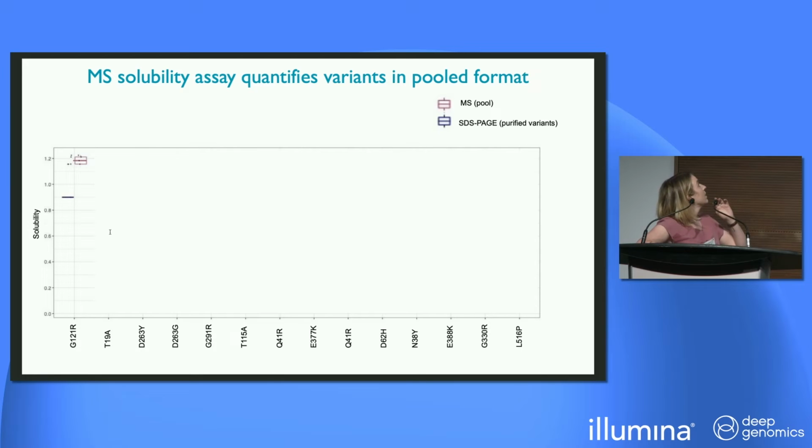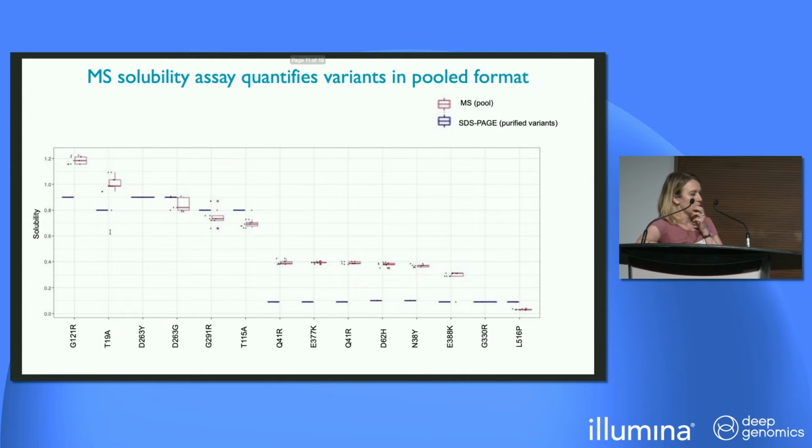So on the y-axis, we have solubility. Reddish pink is our data for the solubility measured using mass spec, and then in blue is from the purified variants of previously published data. And so what you can see here is that we're able to read out the solubilities for these variants.